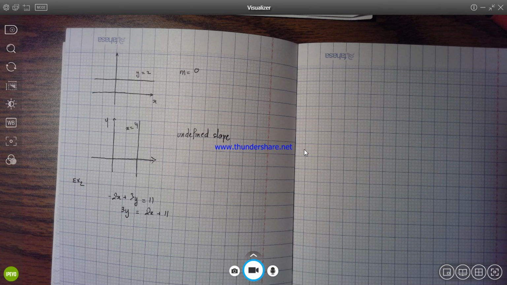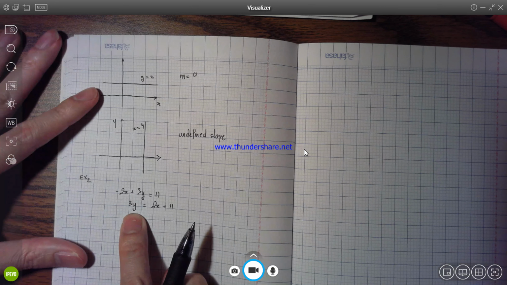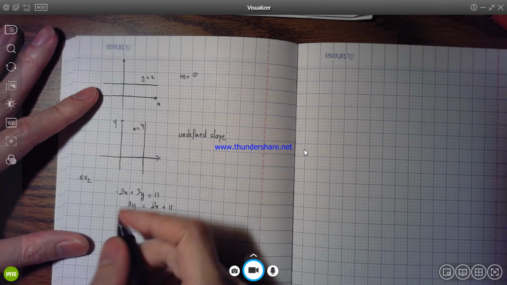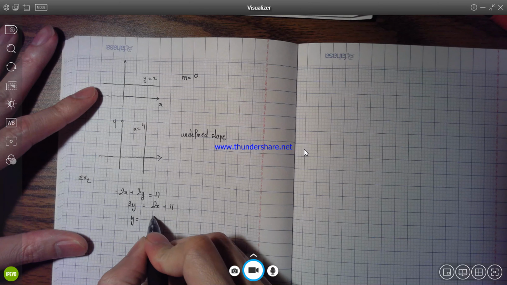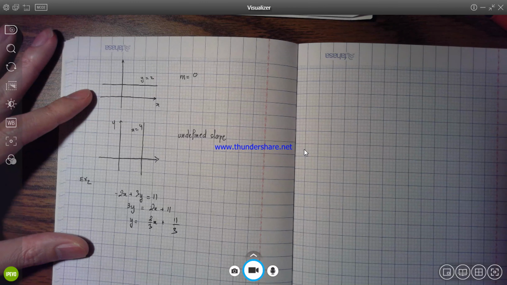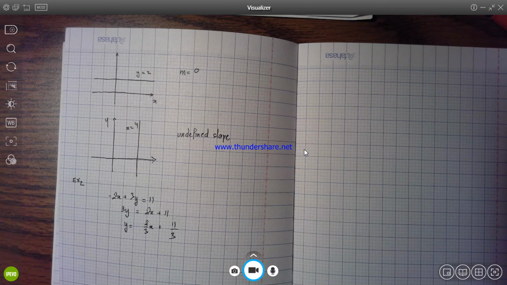Then we need to get rid of the number 3. How am I going to get rid of number 3? I'm going to divide both sides by 3. So I'm going to get y equals 2 over 3 x plus 11 over 3. You see that? This is the slope-intercept form right here.